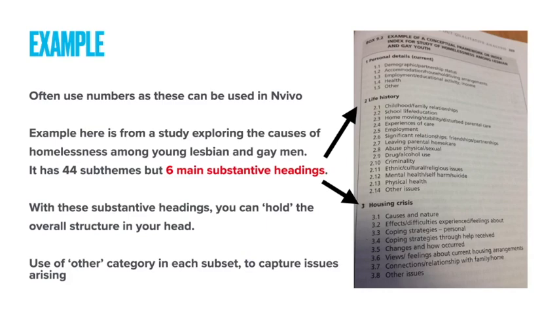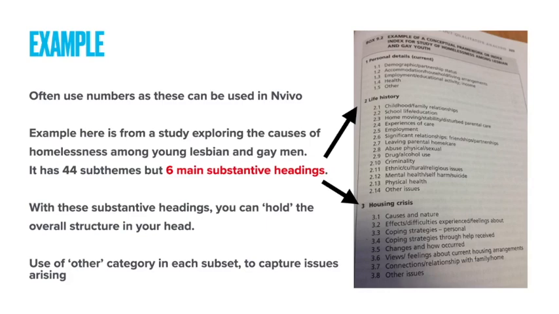Now, you might want to use numbers. Sometimes instead of words, people opt to use numbers, but of course keep a record of what you mean by these numbers. So here is an example drawn from the Ritchie and Lewis book on framework analysis.